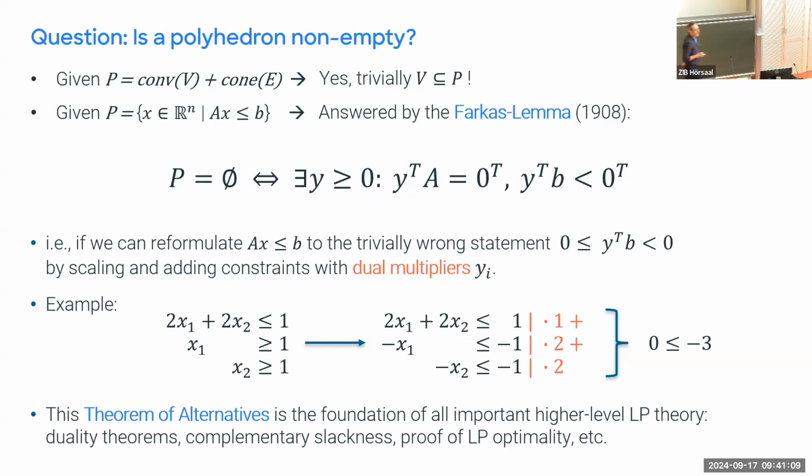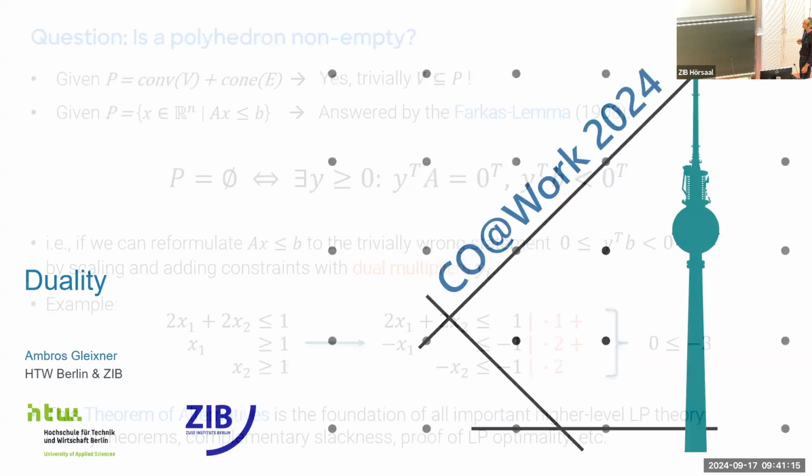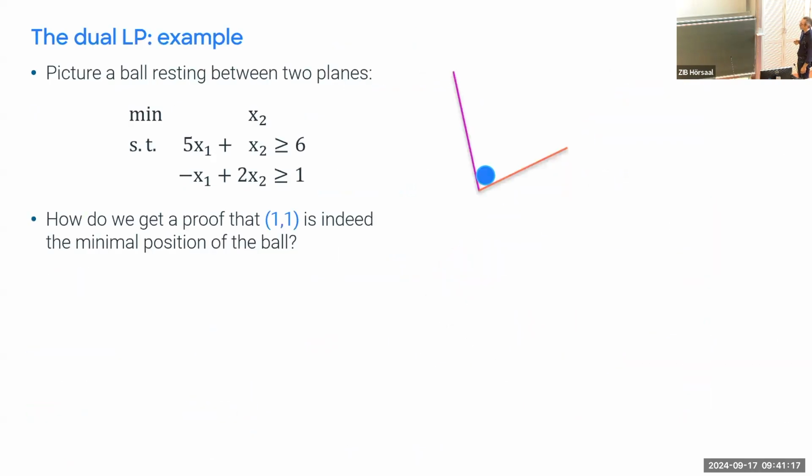Good. I already mentioned duality, so let's move on to a bit more optimization. Here is an example from which we can, I think, see the most important aspects of duality in linear programming. Imagine a situation from physics.